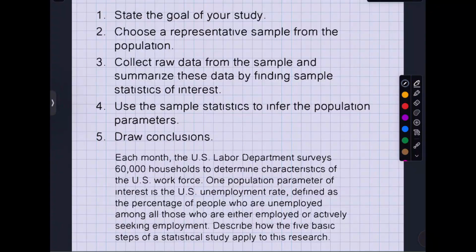Like if he did it in Naples, and you did it up in Lehigh, those numbers will be totally different, right? So we gotta be careful of that type of stuff. So now that's how you would draw the conclusion of what the unemployment rate is in the United States.